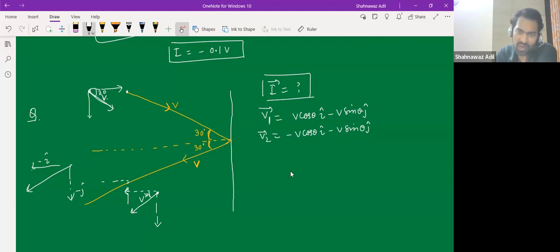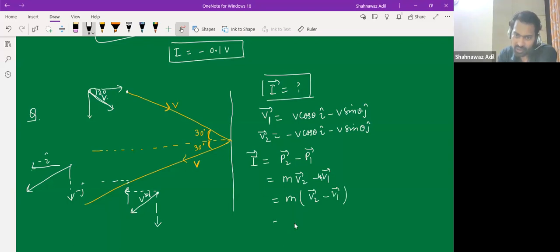Now, if I calculate the impulse, m would be the same. Impulse is m times V2 minus V1. So m is taken outside, and then V2 minus V1.